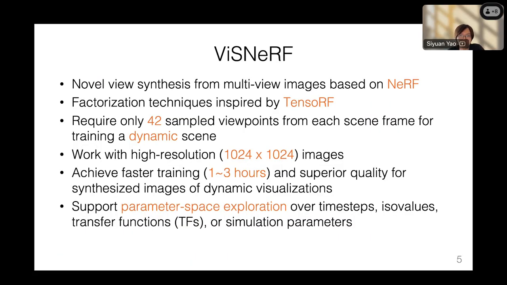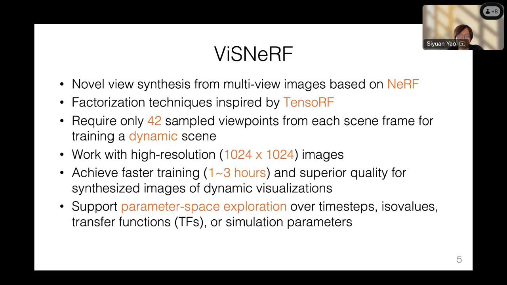So our VisNeRF also adopts a factorization technique that's inspired by TensoRF and only requires 42 images for each scene frame. And we also work with higher resolution, actually arbitrary resolution, because we are using volume rendering.